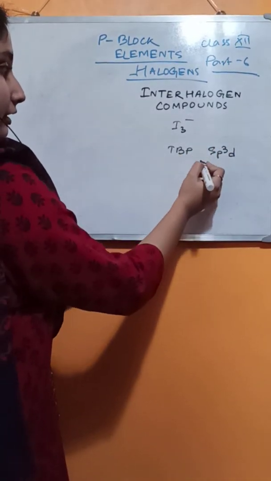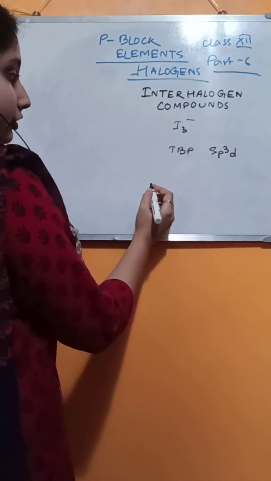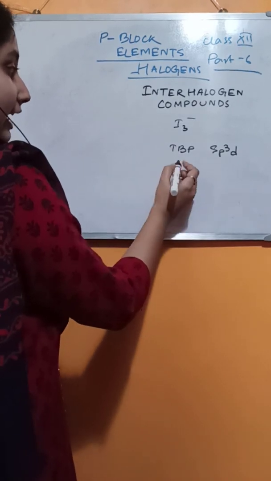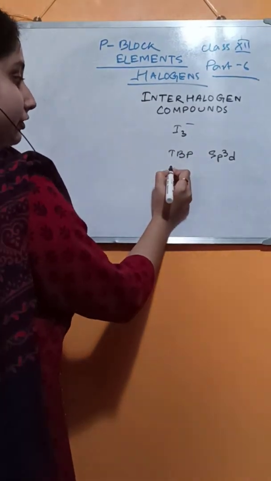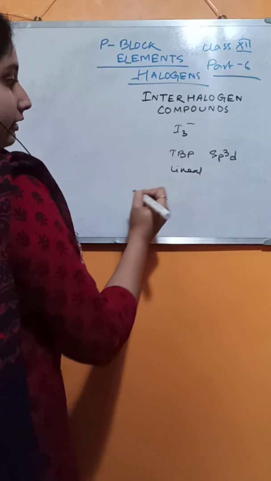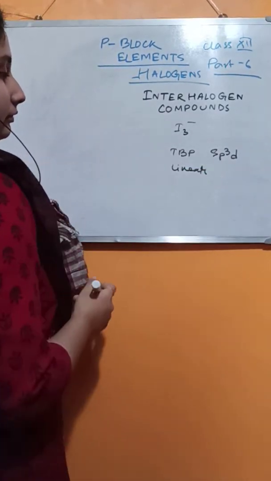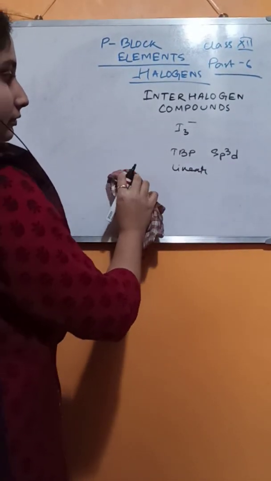But due to the presence of 3 lone pairs in the equatorial position, the ideal was TBP, but the actual structure is linear.